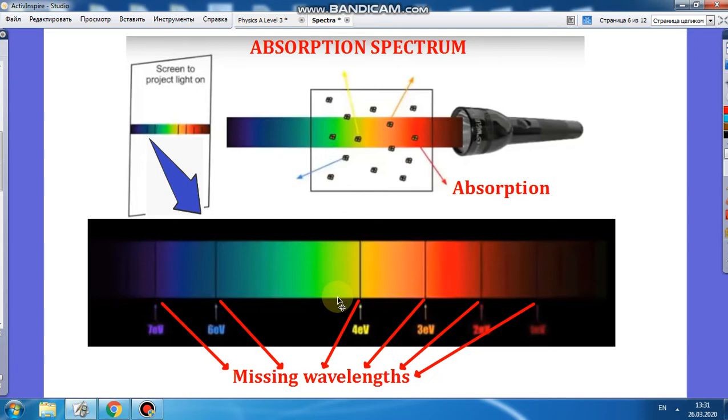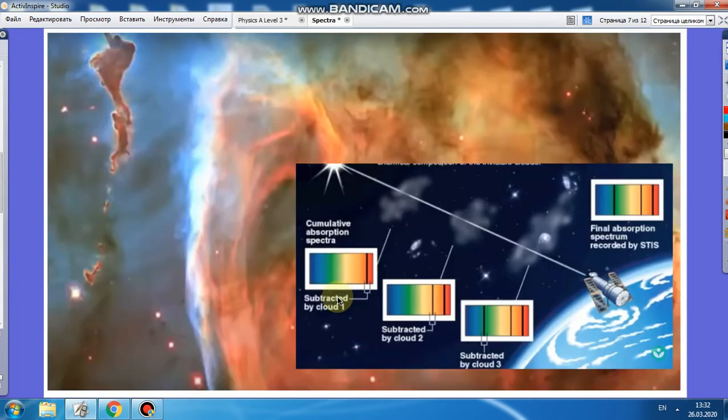It is because some photons are absorbed and electrons are excited to the higher states. So by looking at the spectrum we can find out the kind of an atom because it's like a fingerprint for an atom. This method is used in astronomy to know which elements are found in stars, in planets, and in the universe.